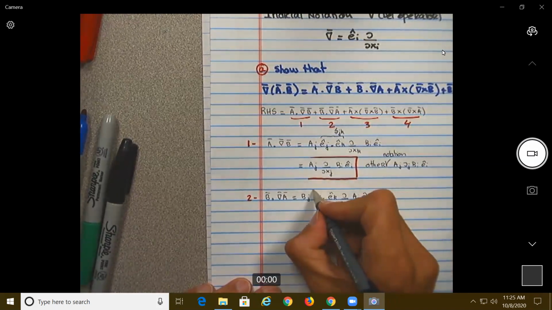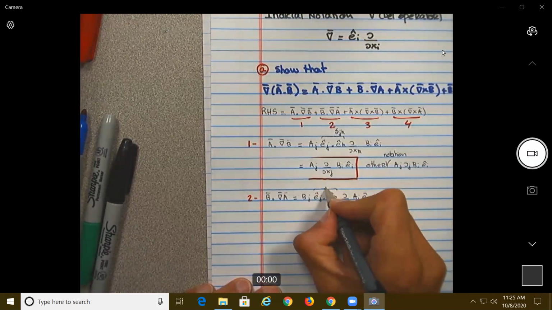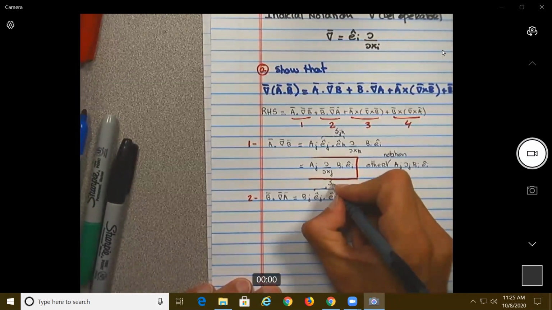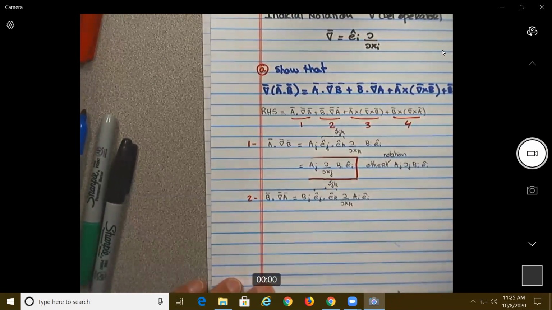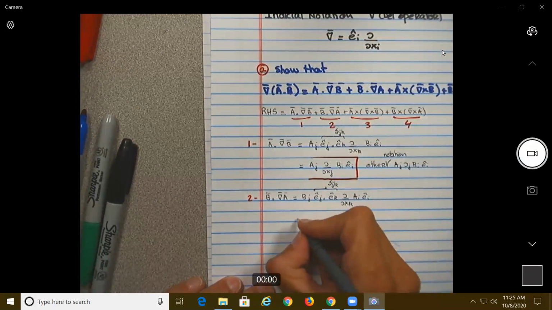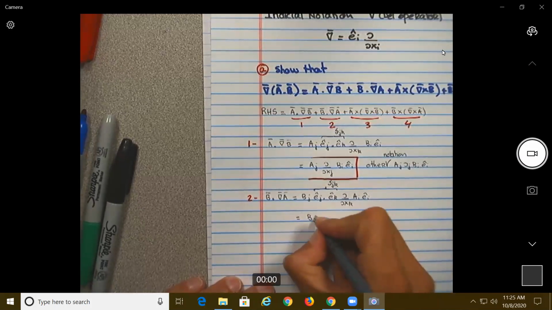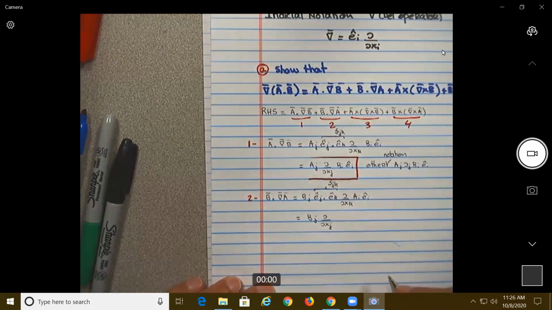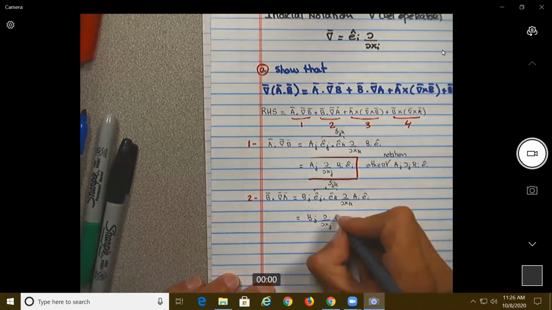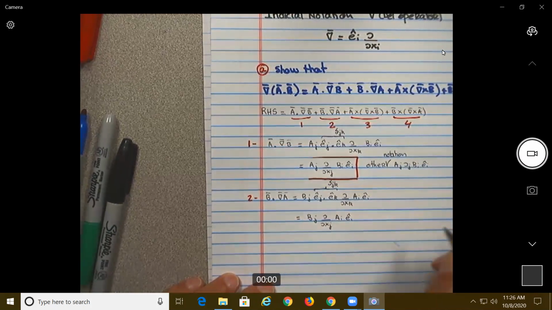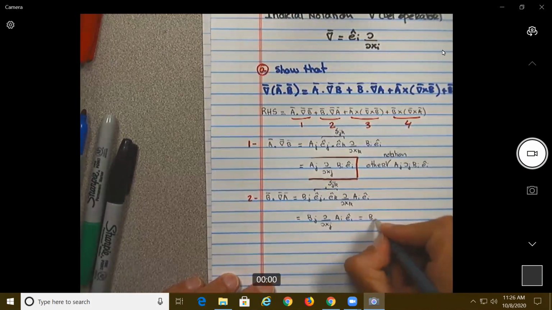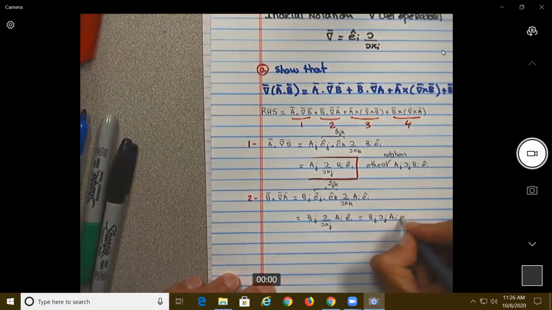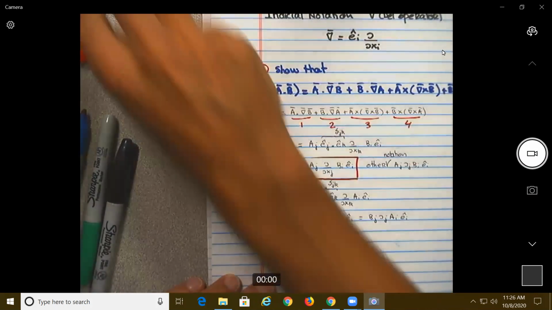Exactly the same as before. This term will be equal to delta jk, which implies that k should be equal to j. So this should give you B sub j partial x sub j of A sub i e sub i, or if you want, B sub j partial j A sub i e sub i. But I'm just taking this one.